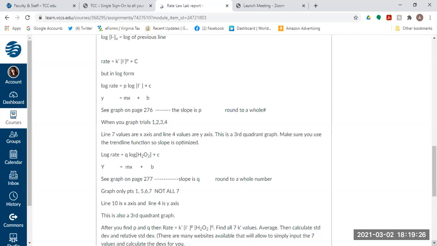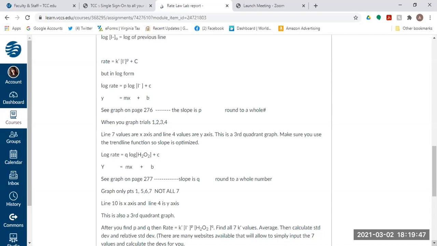When you do the second graph, this is 2 separate graphs. Make sure you do not try to put all 7 points on one graph. It will really hose your data. Use point number 1 again, and then points 5, 6, and 7.